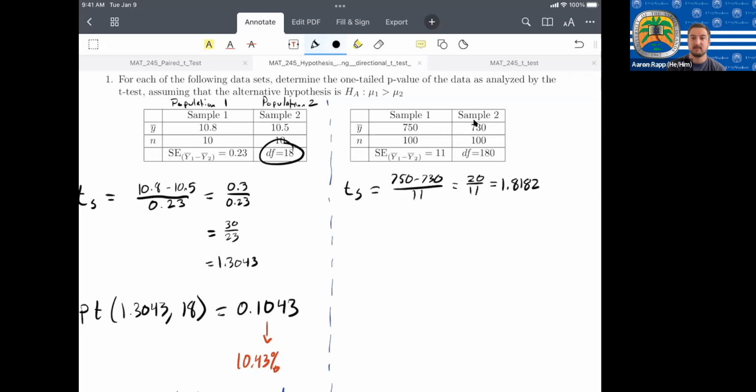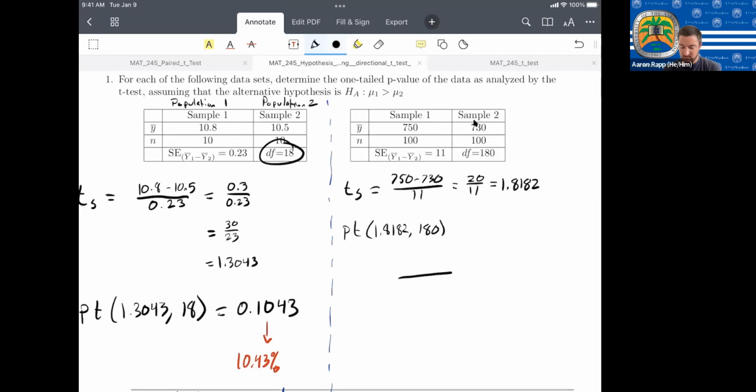What are our degrees of freedom for these two samples? 180. So that means I'm going to go to that function in R to get my p-value. I'm going to give it a test statistic of 1.8182 with 180 degrees of freedom.